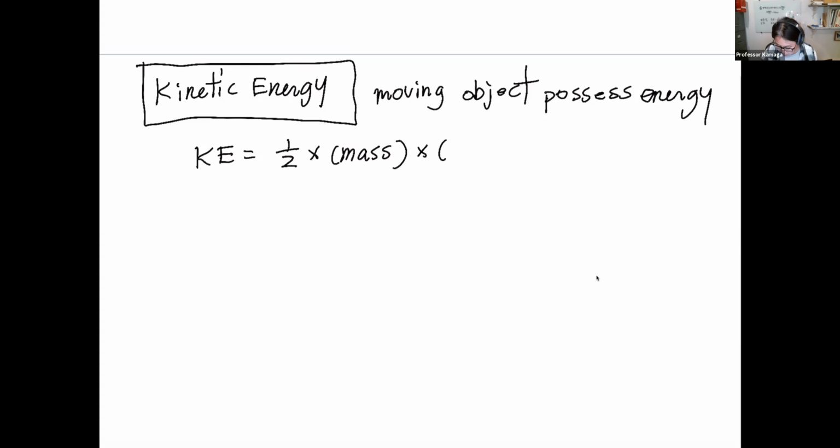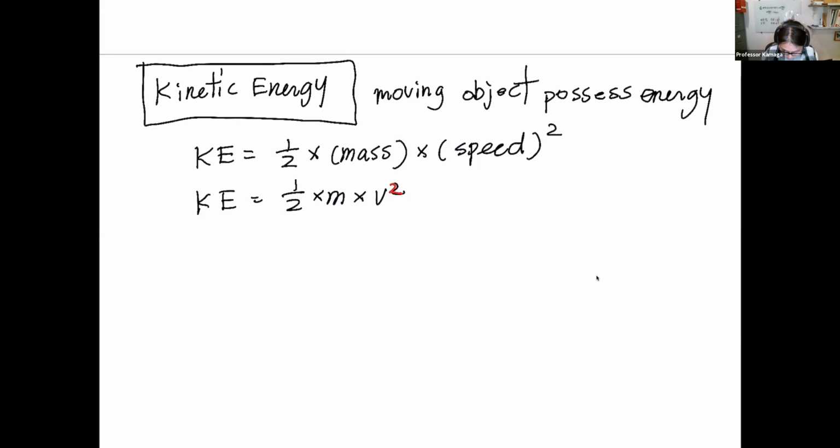Then also speed or velocity squared. Again, kinetic energy is 1/2 times m times v squared. That's the definition of kinetic energy, how much you can measure.